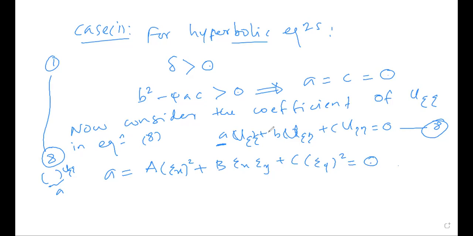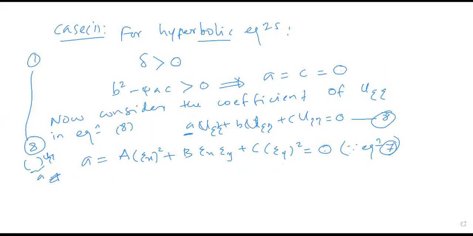So we have equation 7. Go and check equation number 7, and you will understand that. This big expression we have taken as small a. Since we want to satisfy this condition, I need to have that term as 0.